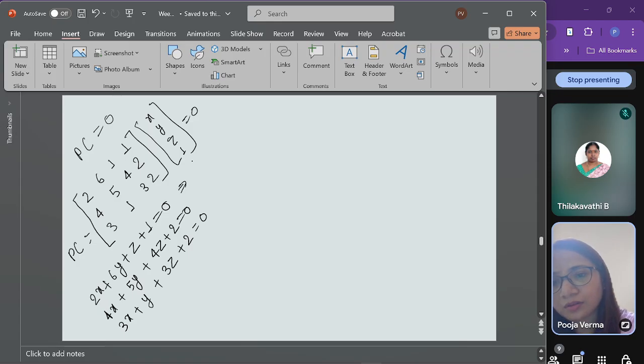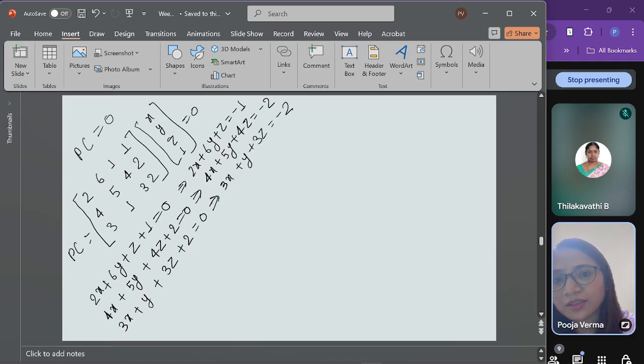Otherwise, we can write 2x plus 6y plus z is equal to minus 1, 4x plus 5y plus 4z is equal to minus 2, and 3x plus y plus 3z is equal to minus 2. These three equations we have got. One way, which we already solved in the previous question, is by substituting, subtracting and adding these equations.